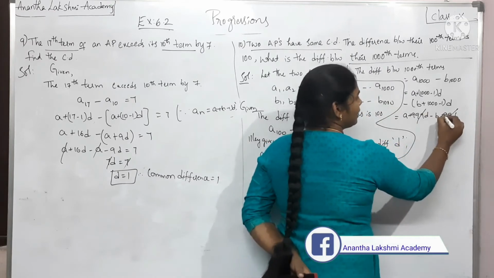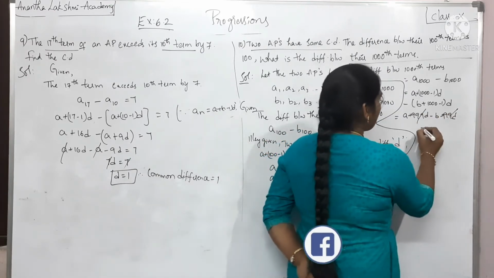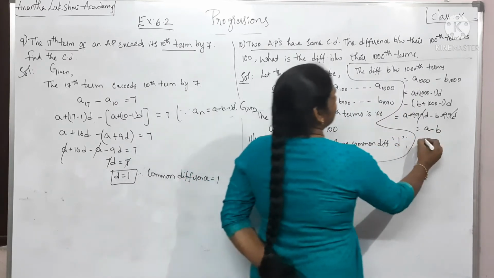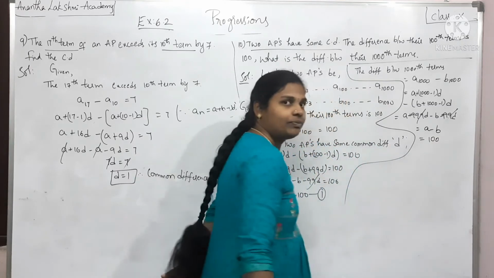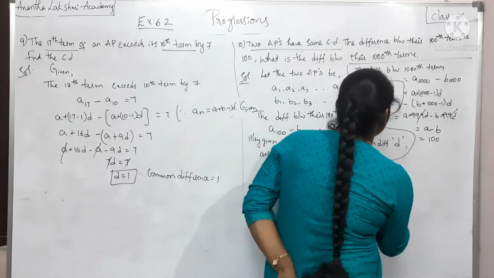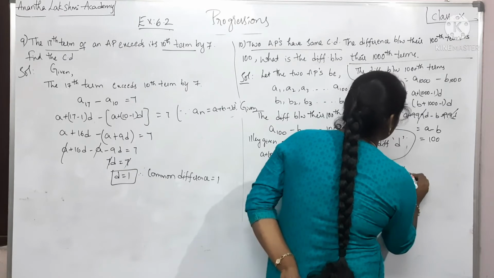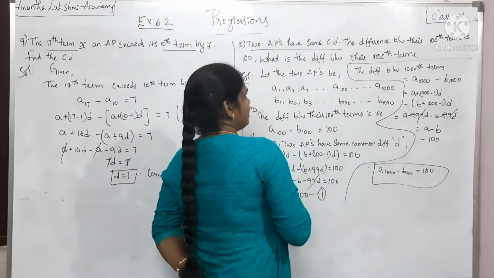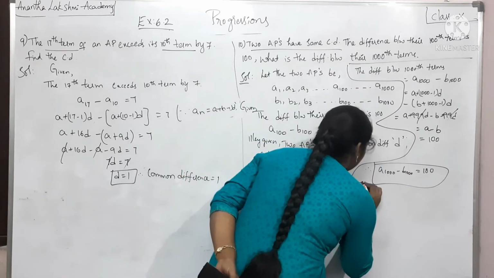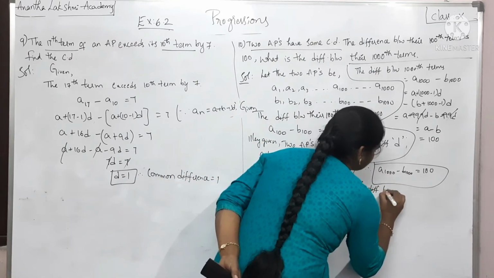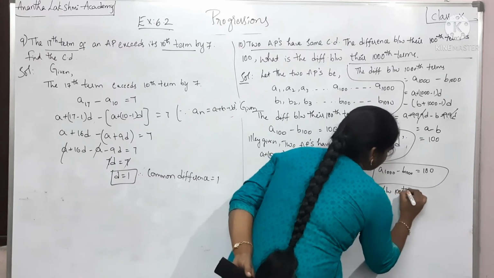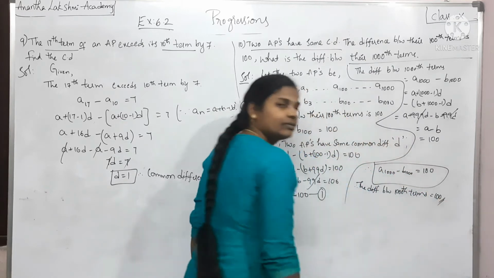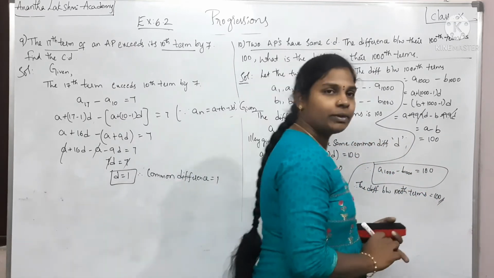The 999Ds get cancelled. Now we have A minus B. What is A minus B from equation 1? Nothing but 100. Therefore, A1000 minus B1000 is also equal to 100. That is, the difference between thousandth terms is equal to 100. Alright, that's about problem number 10.